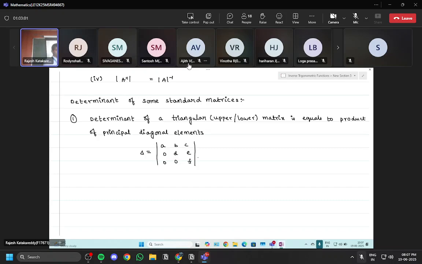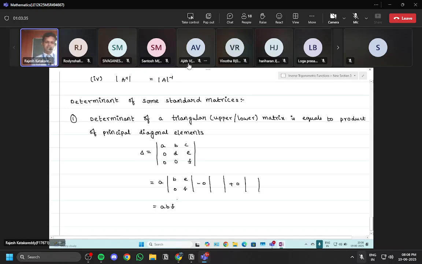Now the remaining is A into the determinant of D, E, 0, F. Expanding again, D into F minus 0, so it will be equal to A, D, F.